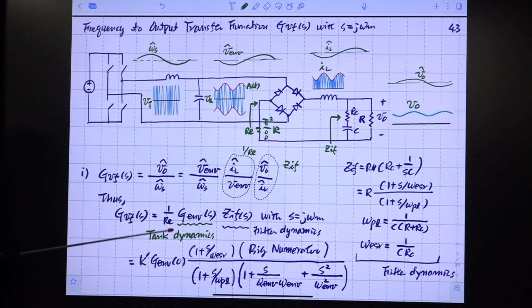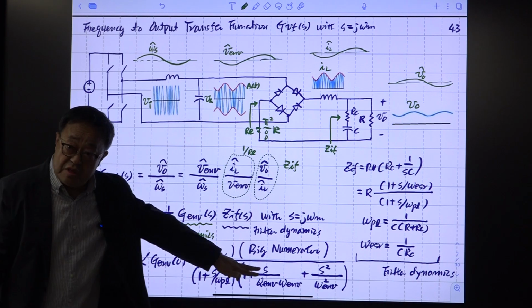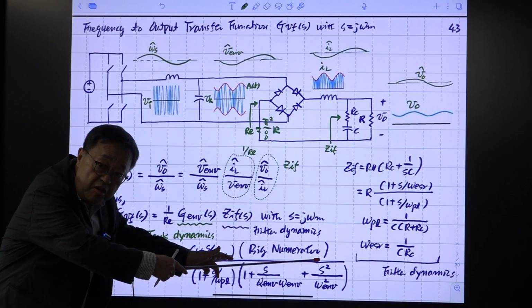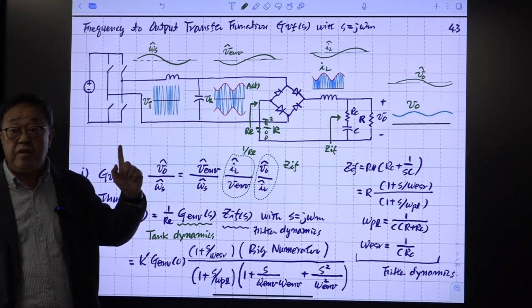This is G, E, and B. It's separated into two parts. This is the DC gain, evaluated at zero frequency. We are talking about the modulation frequency. And this is the denominator. We know this. We went through this. There is a big numerator coming here, but it can be reduced to 1. Right?